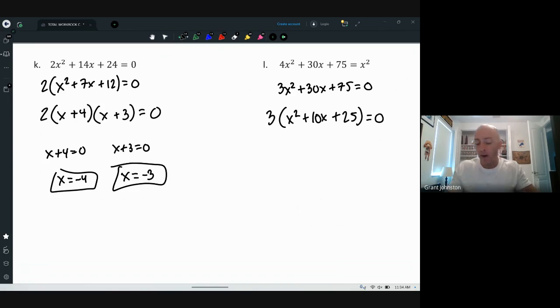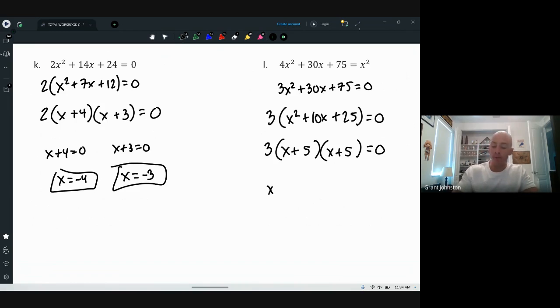And I'm glad this is a problem because when I factor this, it's going to be x plus 5, x plus 5. And sure, I break it up: x plus 5 equals 0. And it's redundant, but if you do another x plus 5 equals 0, you subtract 5 from both sides, I get negative 5.